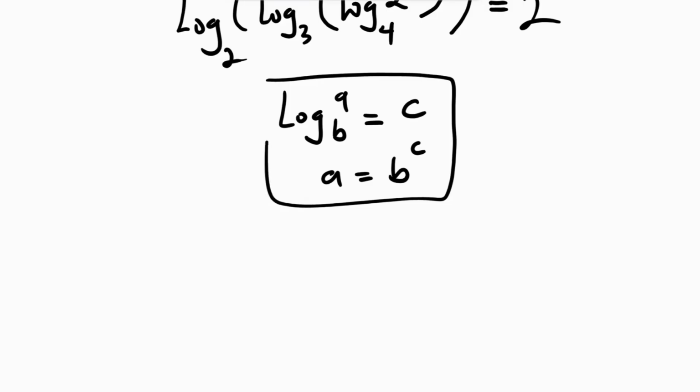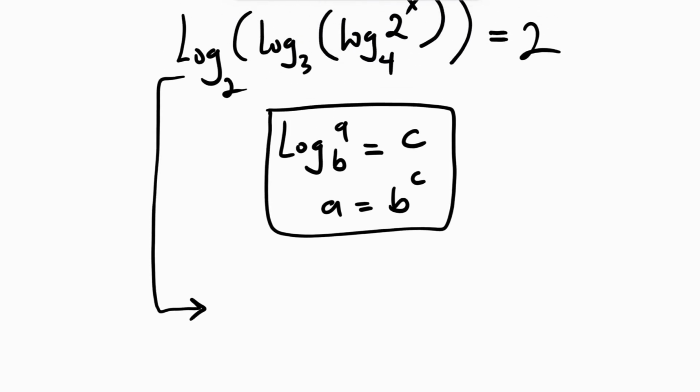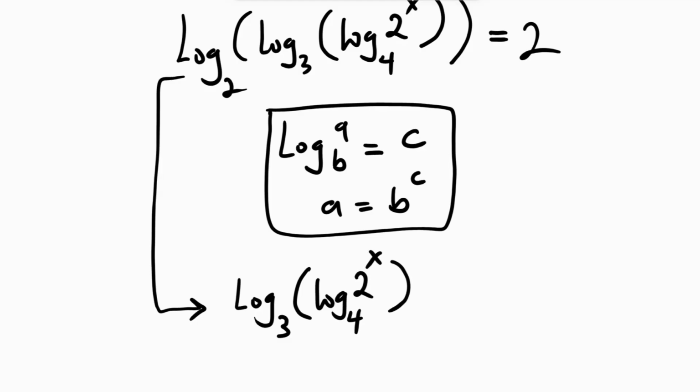So if we apply this rule, our equation now becomes log to the base of 3, log to the base of 4, 2 raised to power x now becomes equal to 2 raised to power 2.